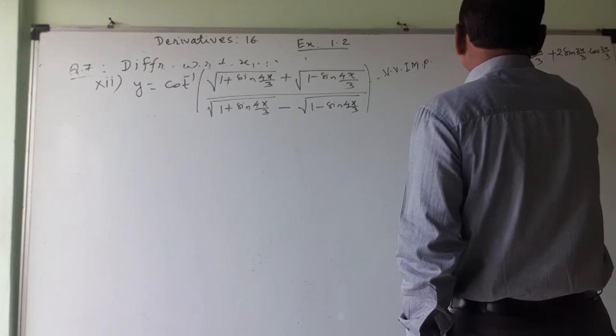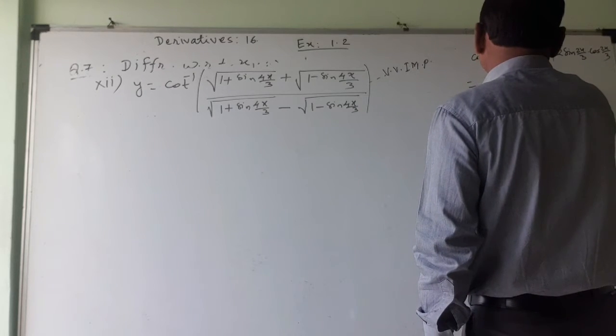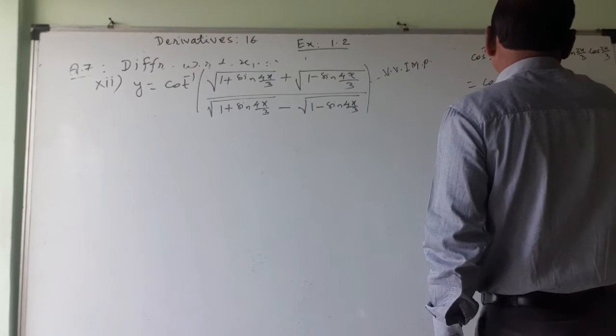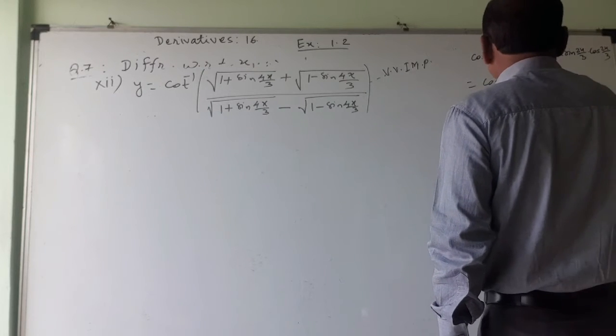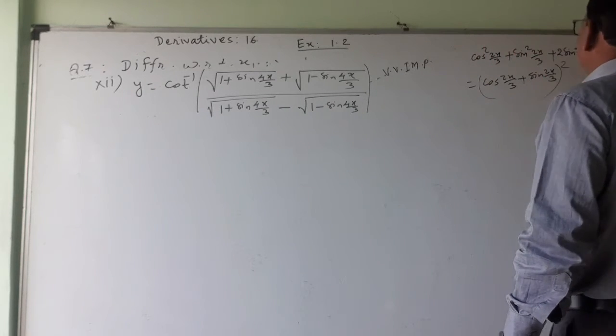So this is nothing but bracket cos of 2x upon 3 plus sine of 2x upon 3 square, using a square plus b square plus 2ab.